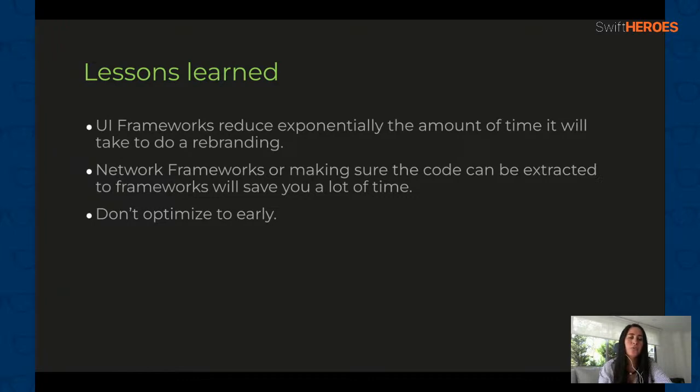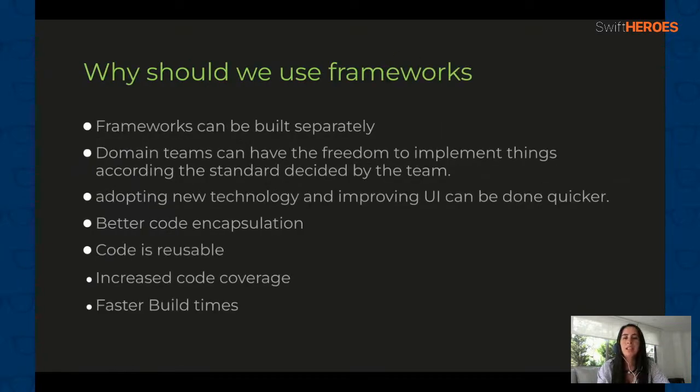So I suggest that you don't use a modular application from the start. It is more for when the product is a little bit more mature. But you can start by making sure that whenever you write the code, it's very well separated, so you make your work easier when this time comes, if it comes to that.